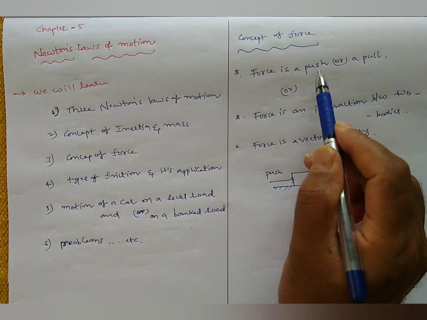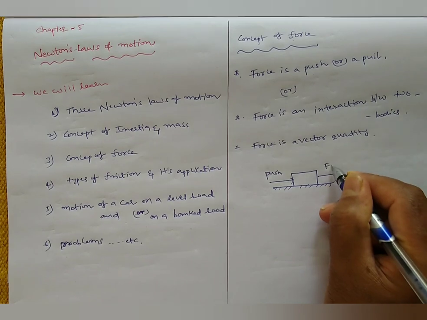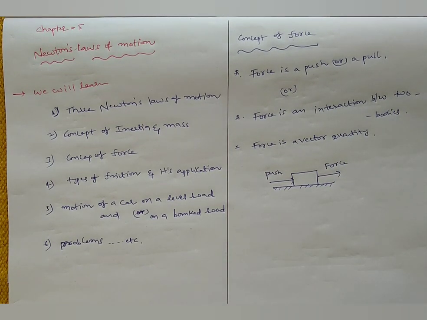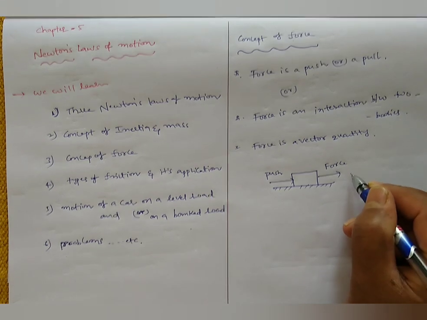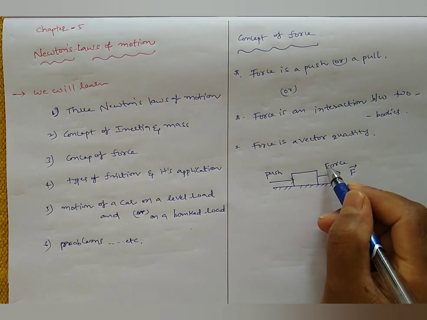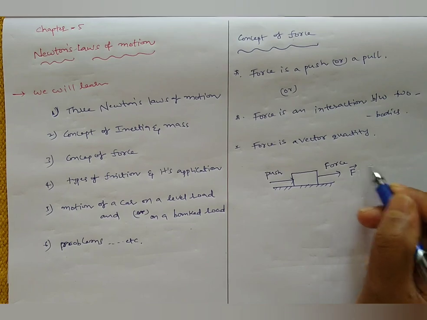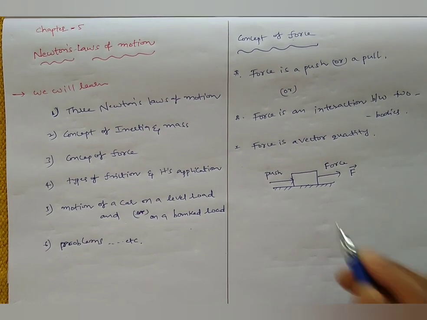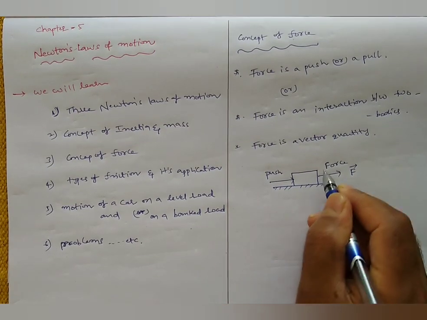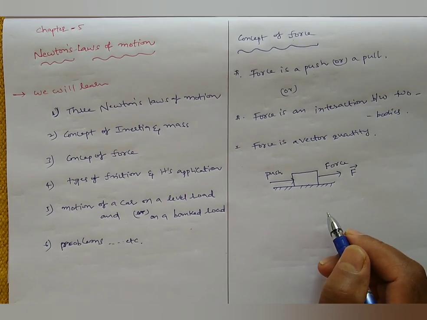Here push is nothing but force. Now we will write force is in the direction of the push. So we will use the symbol F, because the first letter in force is F, and since it is a vector, we will write vector notation. So when you are pushing, the object will move in the direction of the force.